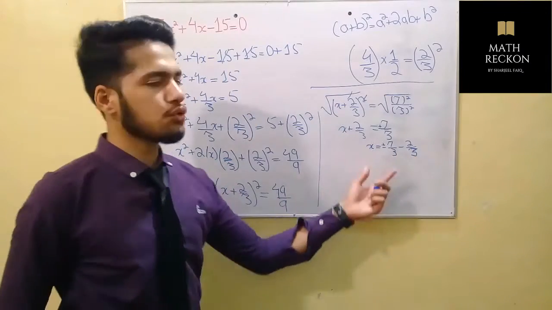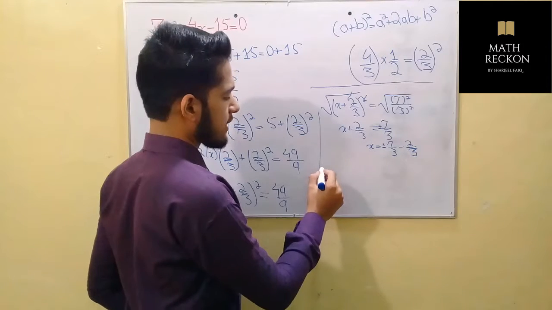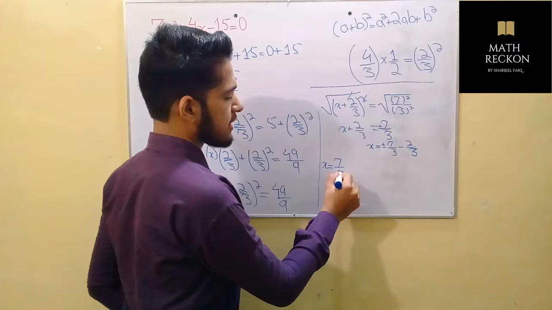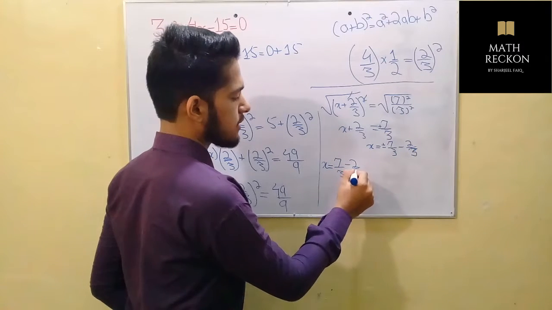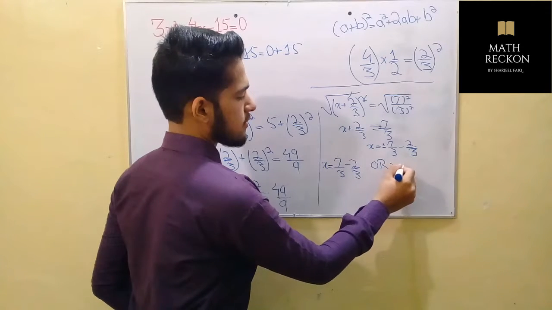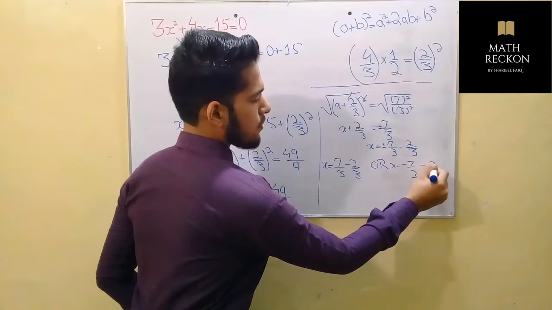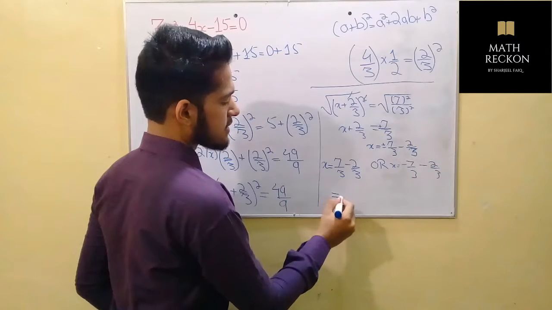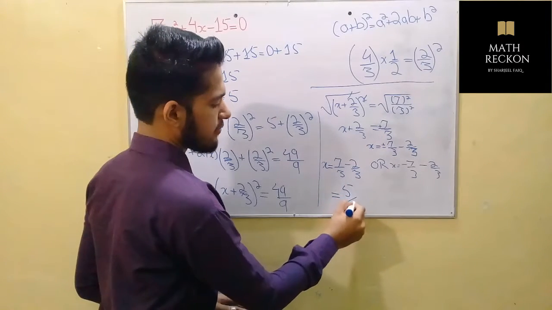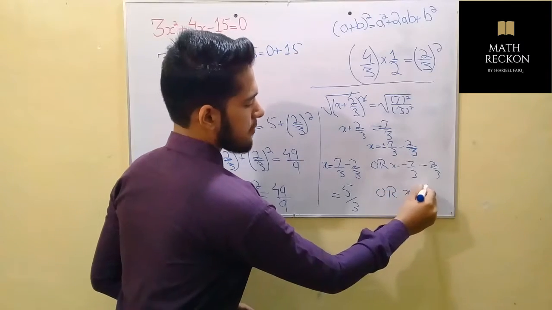We have two roots of our quadratic equation in this form, which can be written like x equals either 7 upon 3 minus 2 upon 3, or minus 7 upon 3 minus 2 upon 3. This will give us 5 upon 3, and here it will give us x equals minus 3.